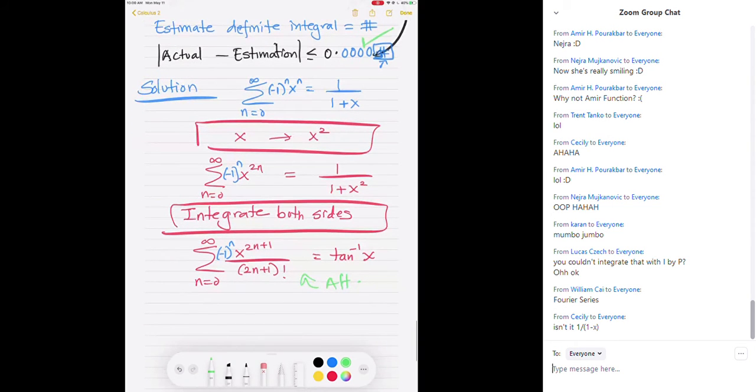So let's start. What do I want? x cubed tan inverse x. So I'm going to multiply both sides by x cubed.